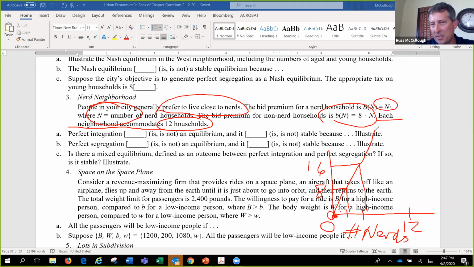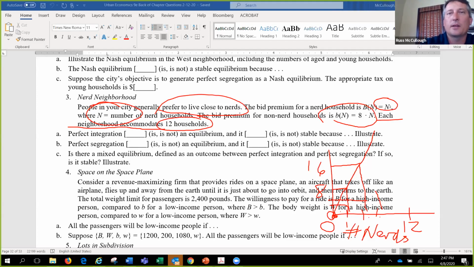That is slope-intercept form where the intercept is 0 for the non-nerd households. And then we've got the nerd function as n squared. So 1 squared is 1. 2 squared is 4. 3 squared is 9, right?